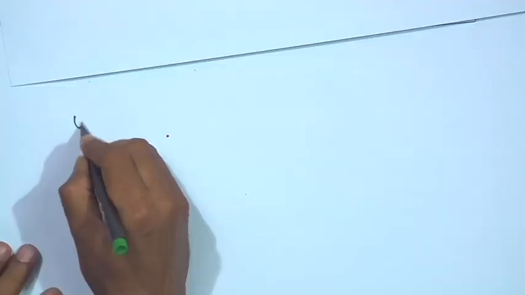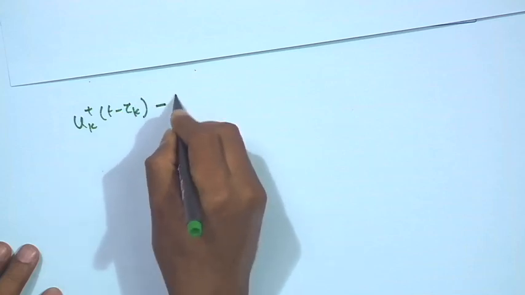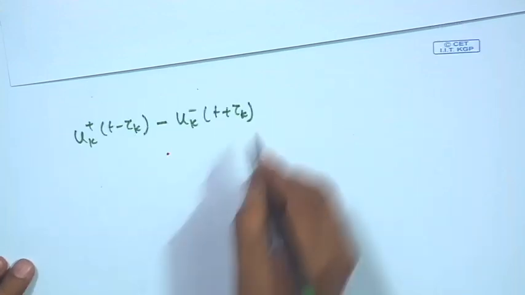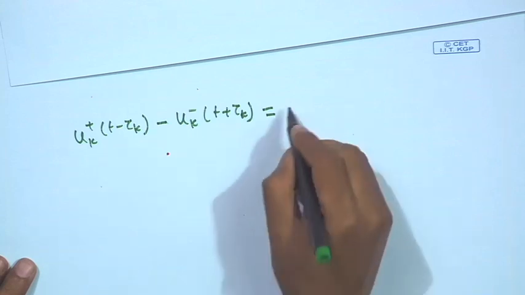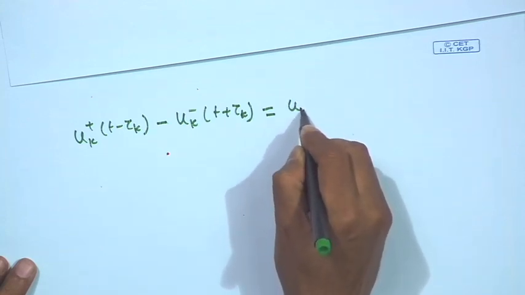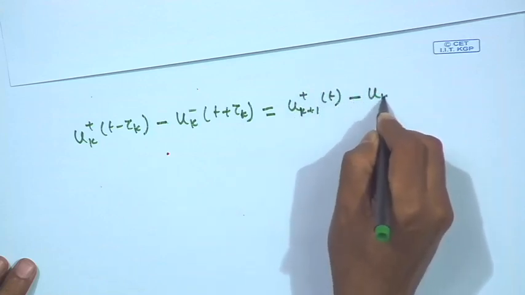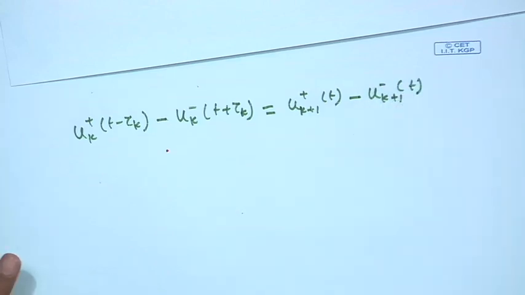So, I can say the kth tube output volume velocity is nothing but u k plus t minus tau k minus u k minus t plus tau k, which is equal to the volume velocity input of the k plus 1 tube. So, it is nothing but u k plus 1 plus t minus u k plus 1 minus. Is okay or not?